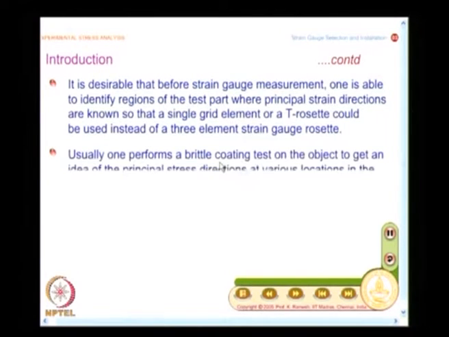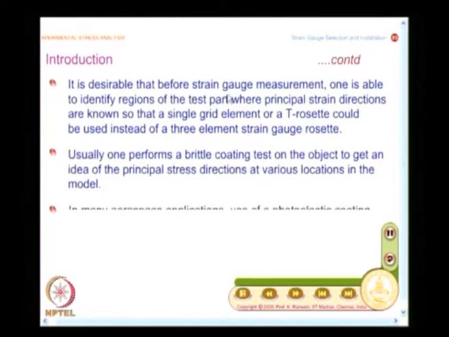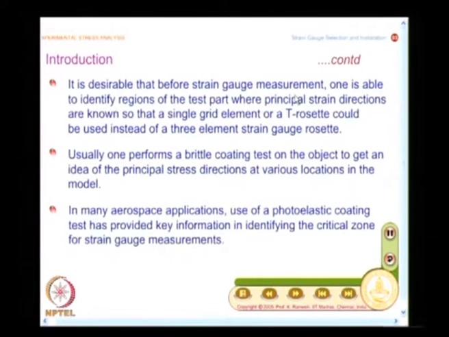So, the recommendation is, it is desirable that before strain gauge measurement, one is able to identify regions of the test part where principal strain directions are known, so that a single grid element or a T rosette could be used instead of a 3 element strain gauge rosette.